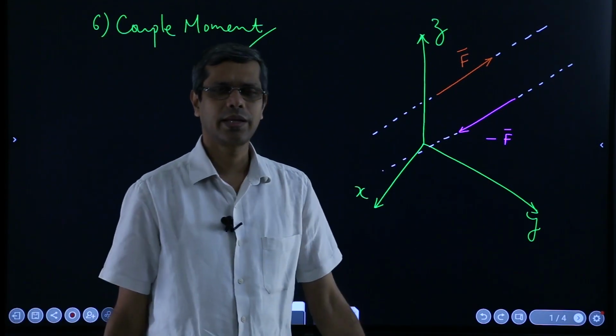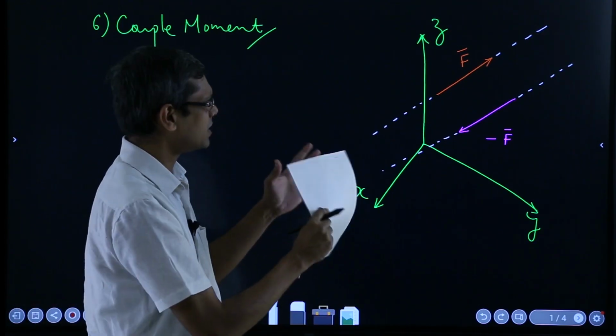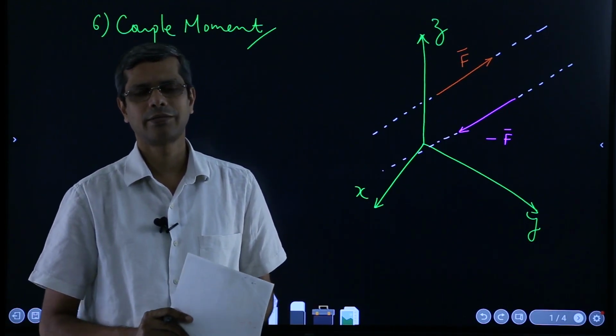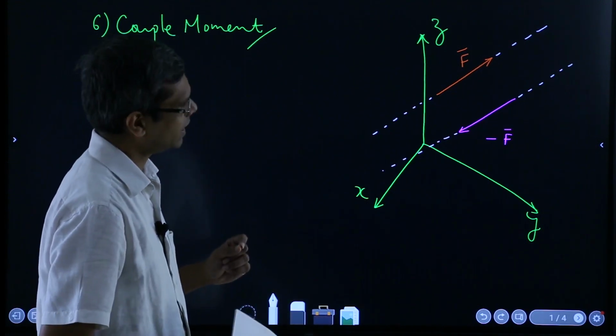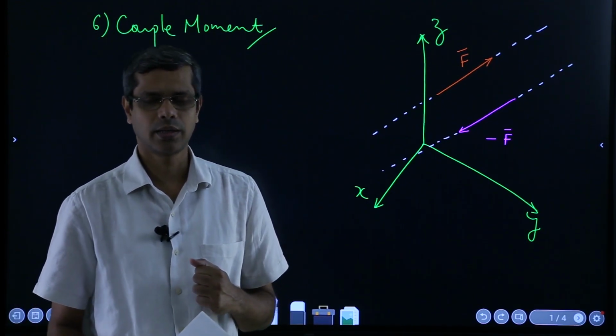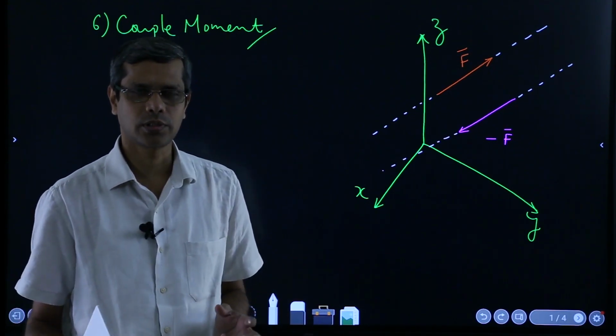Now why is this such an important thing? Why does having such a restriction on two forces give them such importance? The fact that there are two forces which are equal and opposite in nature makes the system free of forces.